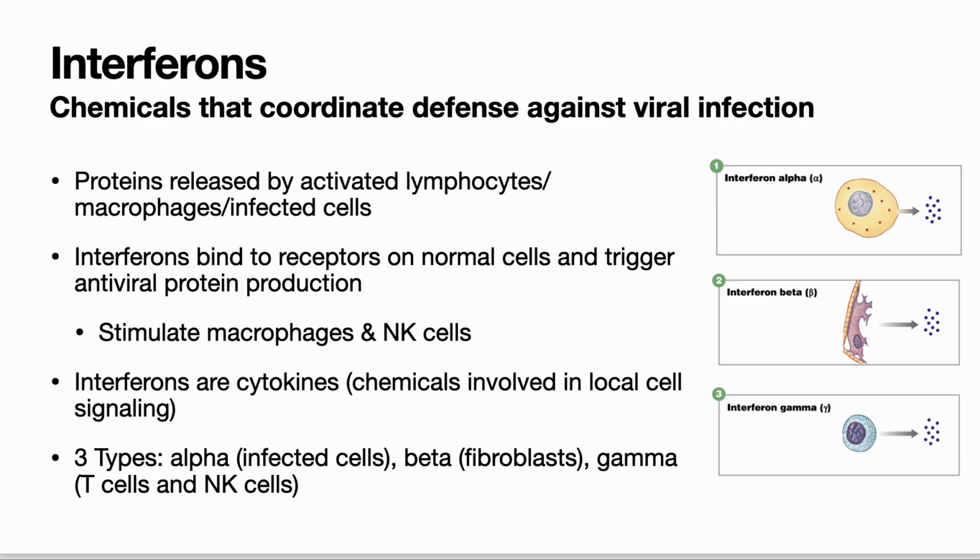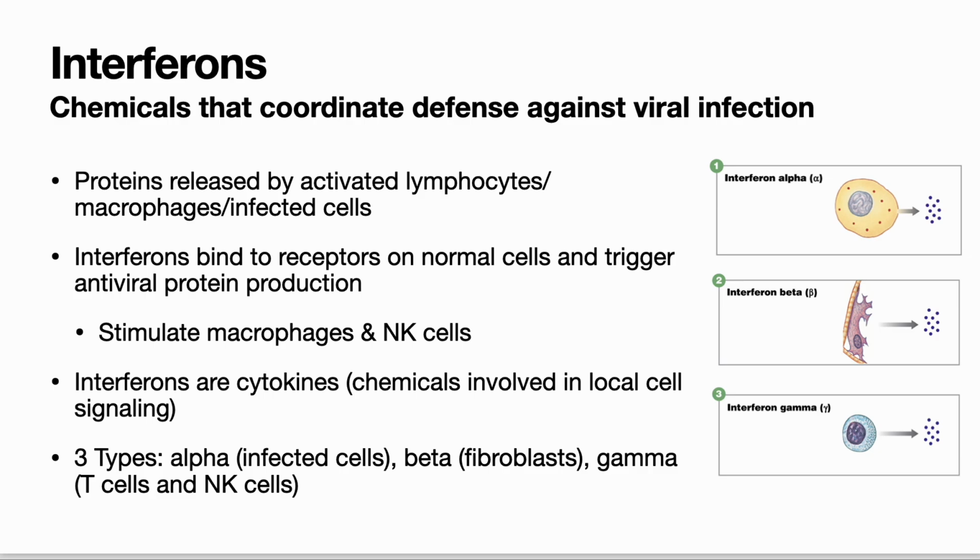What they do is bind to receptors on normal cells, and they trigger antiviral protein production inside the cell. And they stimulate macrophages and NK cells to be super active and on the hunt for infected cells. This is important for a few reasons.